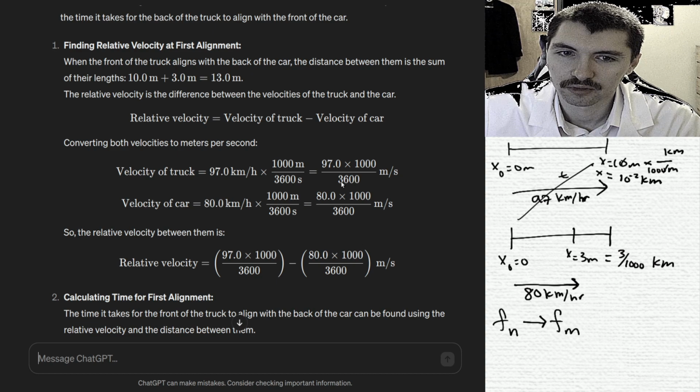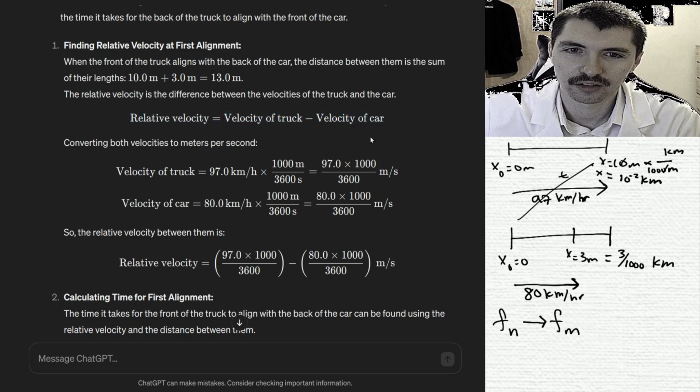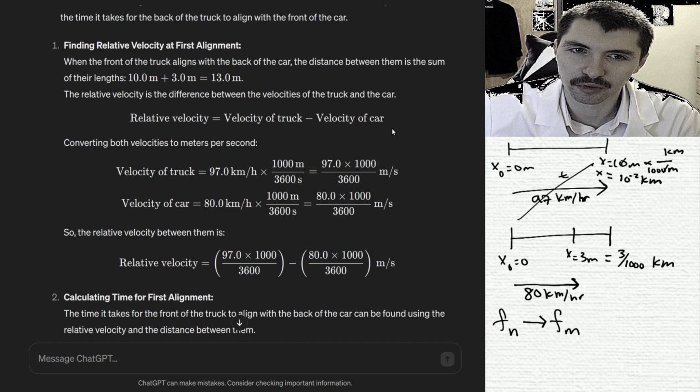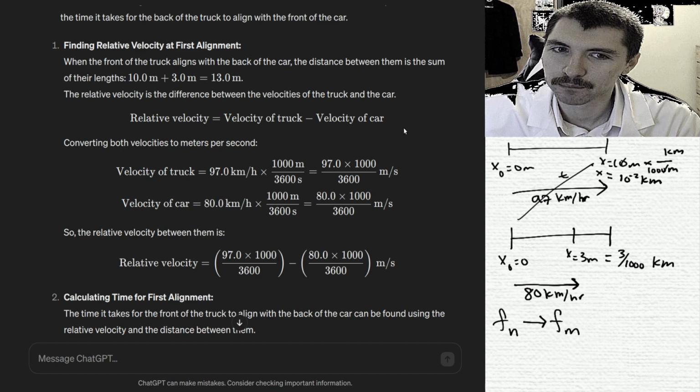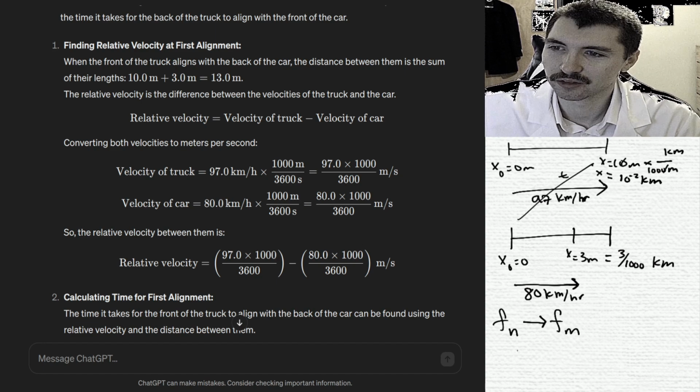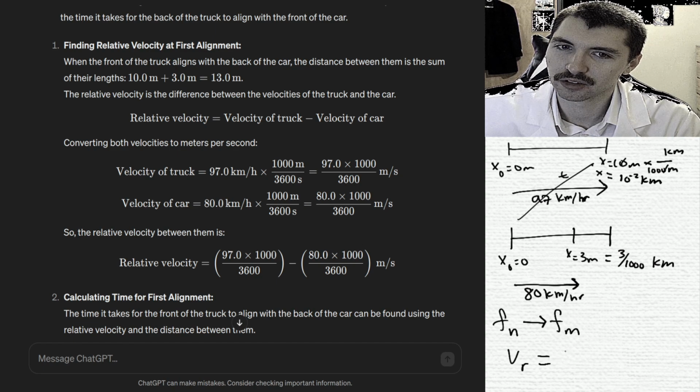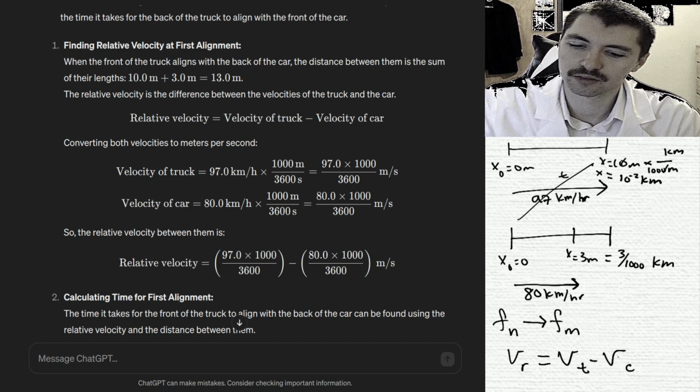So they just converted the 97 into meters per second. We could have done the opposite. So I guess the key is relative velocity. I haven't seen that term before. I don't even think the book in this chapter covered relative velocity. So velocity relative equals velocity of the truck minus the velocity of the car.